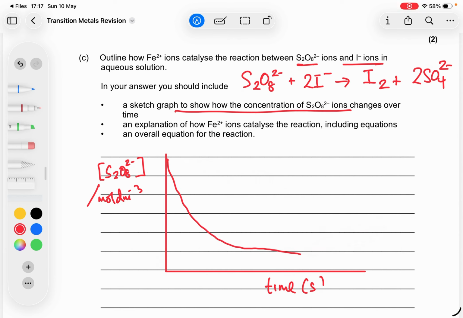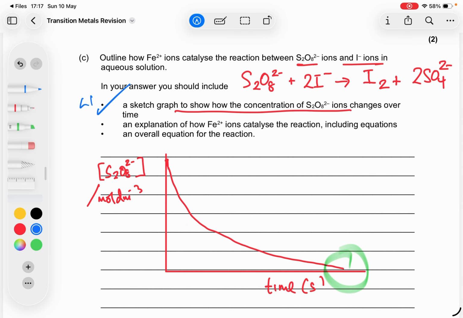Okay, make it nice and smooth. This is not very smooth, but okay, it doesn't touch. Make sure it doesn't touch the x-axis. Nice, 2 marks here. Changes over time, you don't even need to say anything. So there's your level 1.